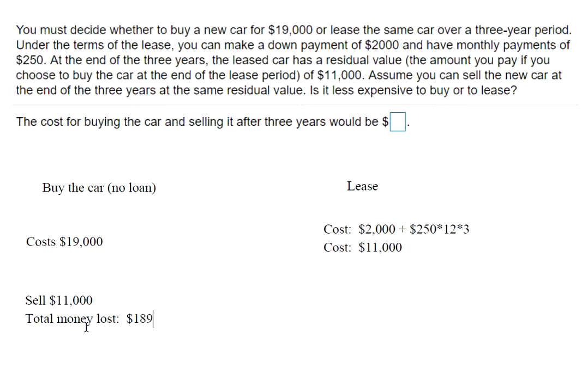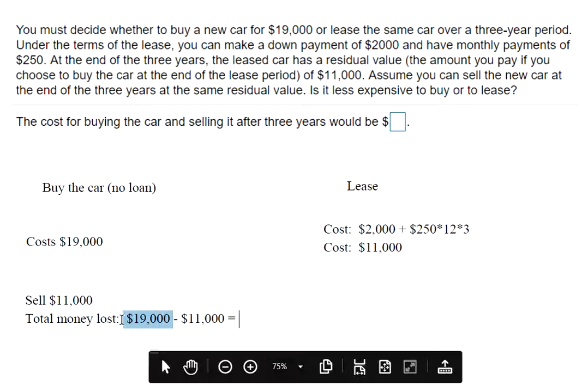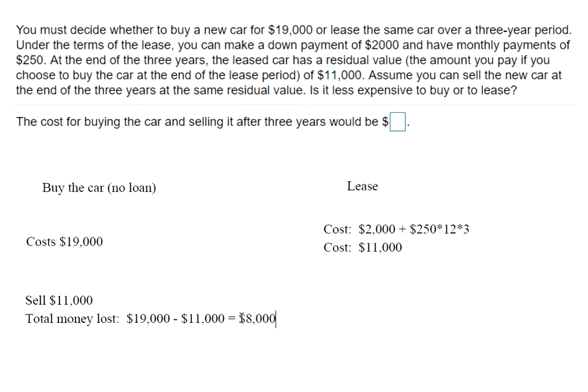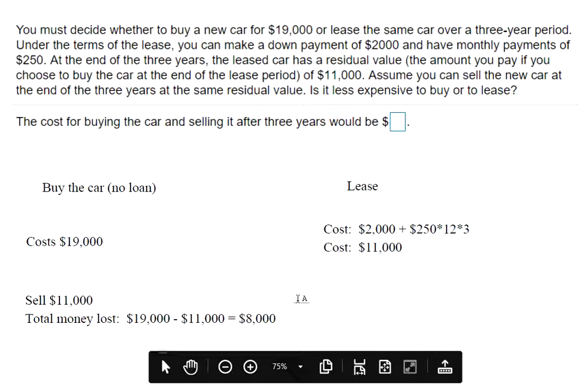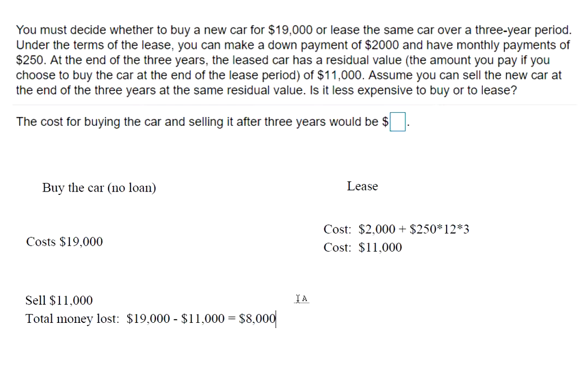So the money we've lost is the $19,000 subtracted by the $11,000 that we could resell it at. The car costs $19,000, but then we're selling it for $11,000. So that's a difference of $8,000. That's how much we spent on this car, $8,000 after we sell it.